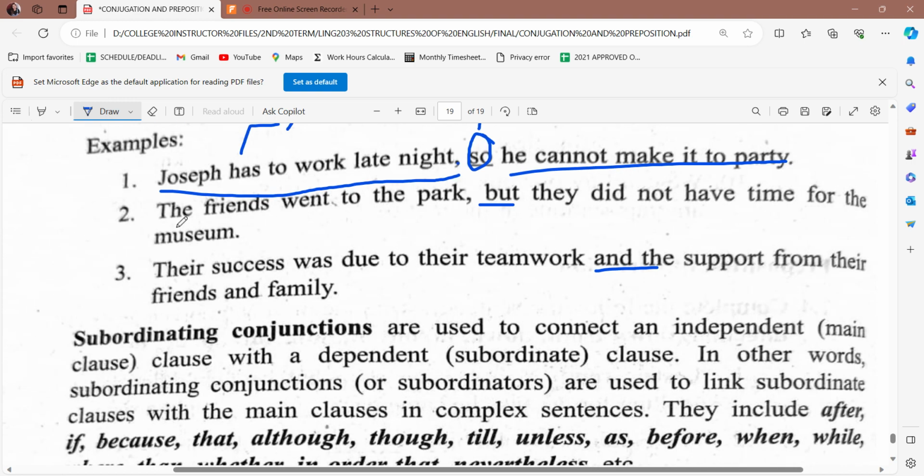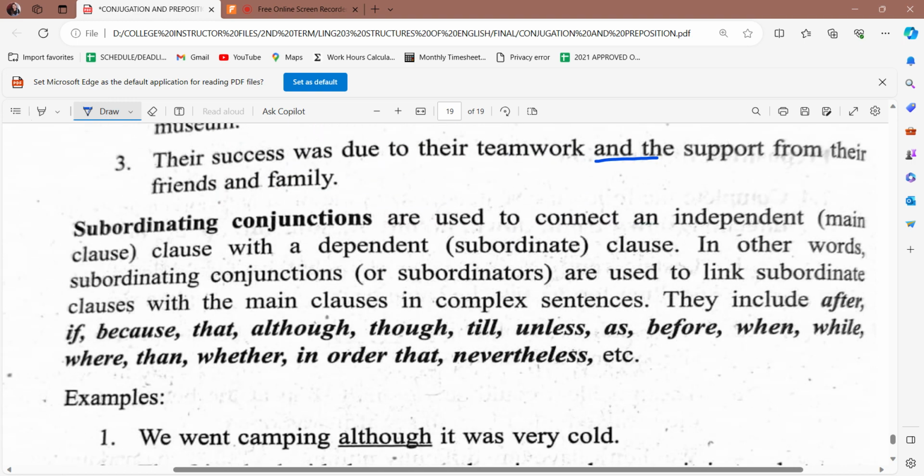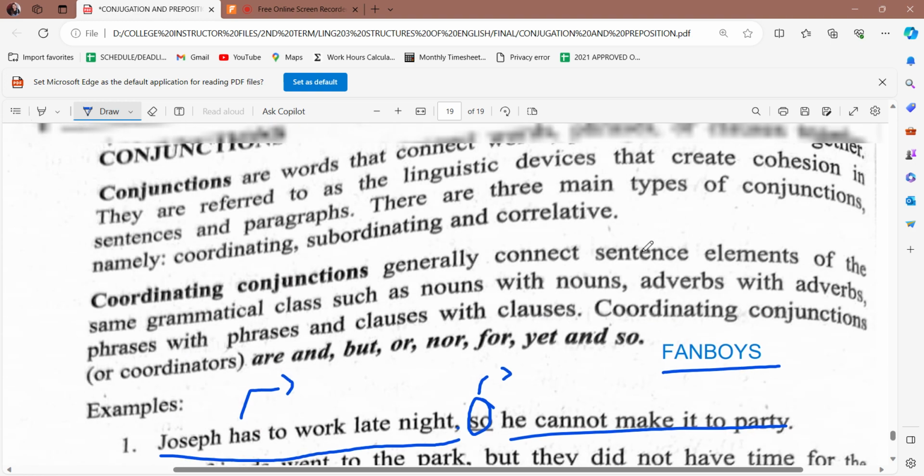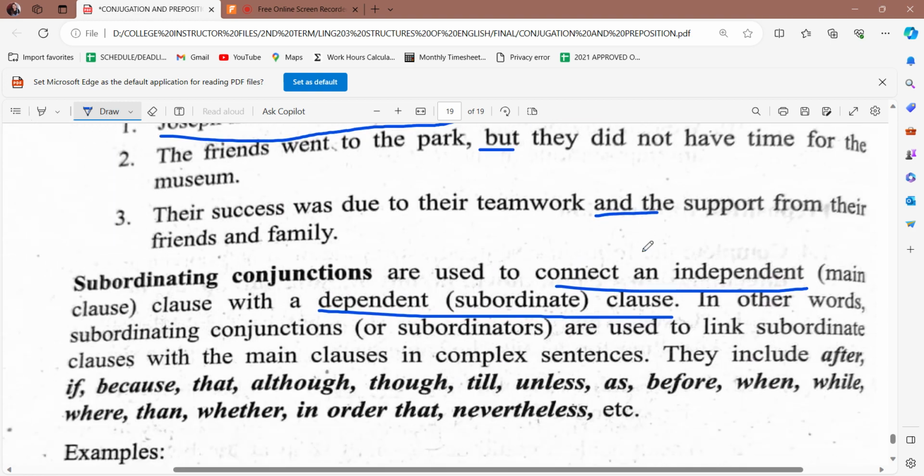We also have the subordinating conjunction. Subordinating conjunctions are used to connect an independent or main clause with a dependent or subordinate clause. If coordinating conjunctions connect an independent clause to another independent clause, a subordinating conjunction connects an independent or main clause with a dependent or subordinate clause.